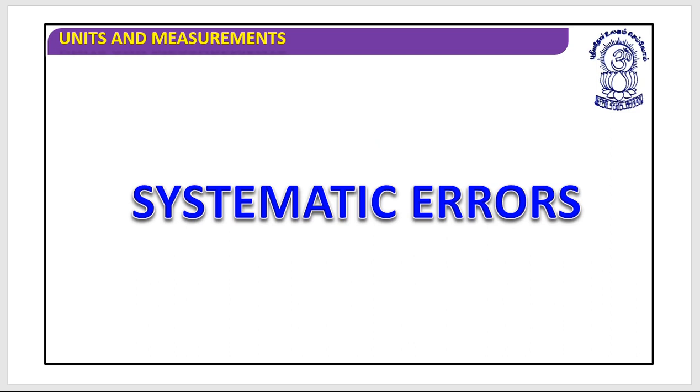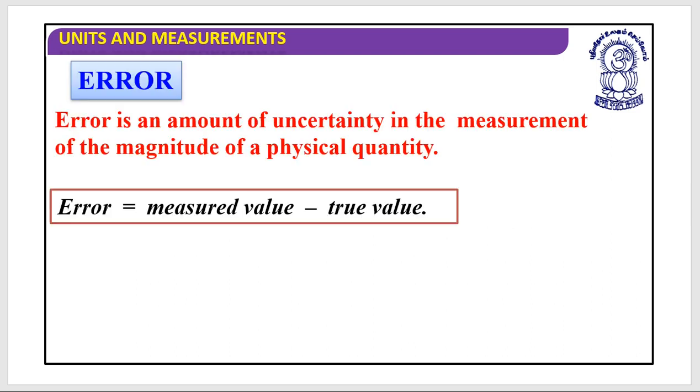Yes. Let's move to the systematic errors. So before we go to the systematic errors, let's first define errors. What we can say is it is an amount of uncertainty in the measurement of the magnitude of a physical quantity. So whatever we are going to measure, there is a certain uncertainty.